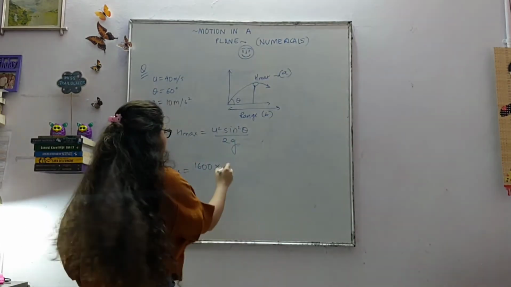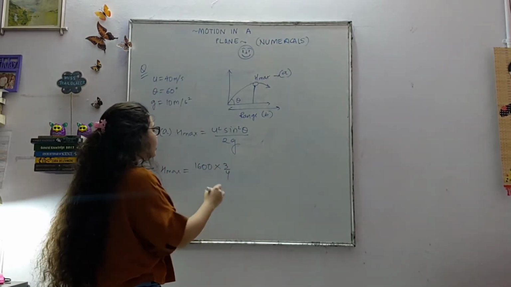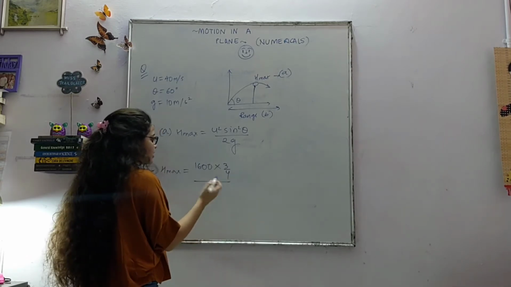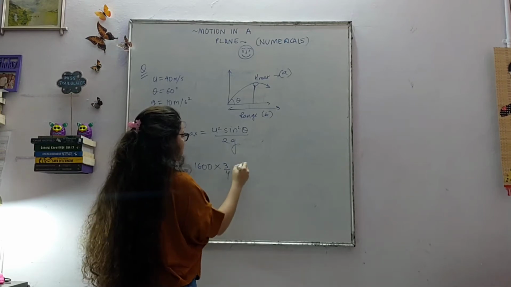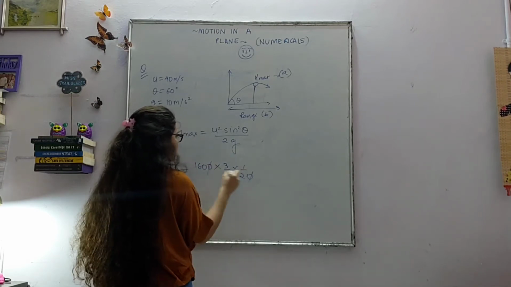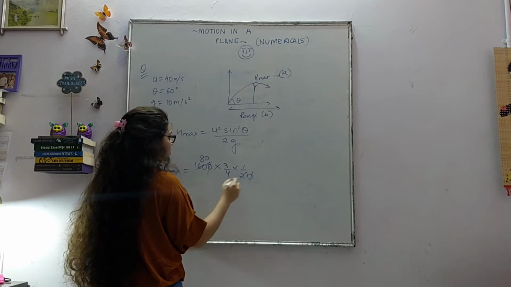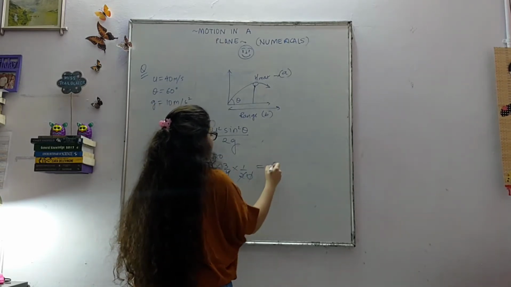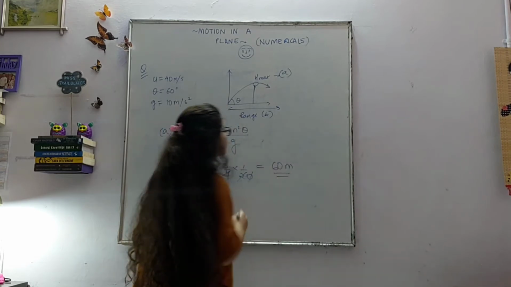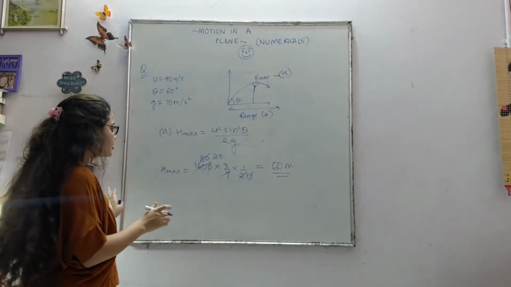So sine square is 3 by 4. And then 2g is 20. Okay, very simple simplification. So can I write this as 1 by 20? 1 by 20. Okay. So that gives us 60. So 60 meters is your maximum height.